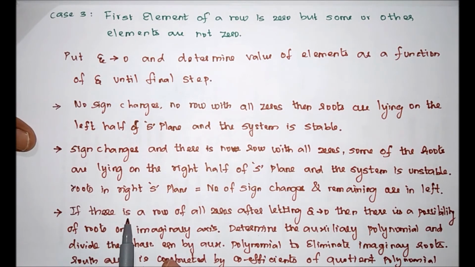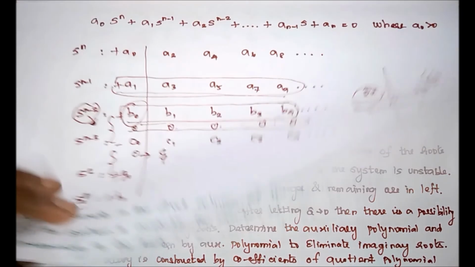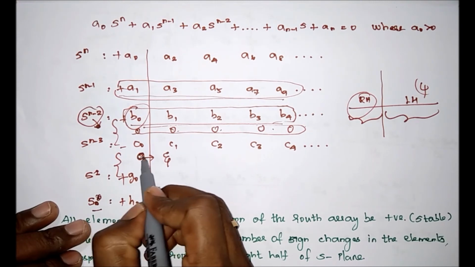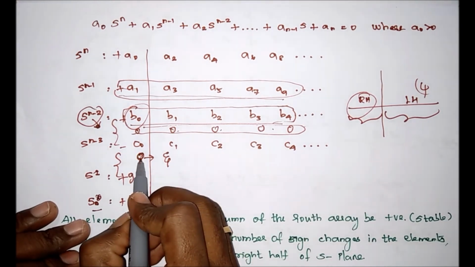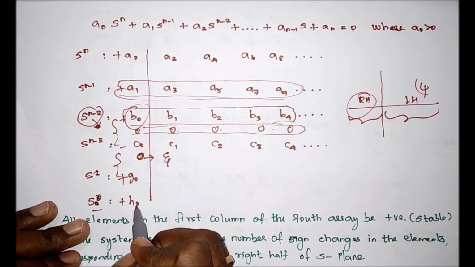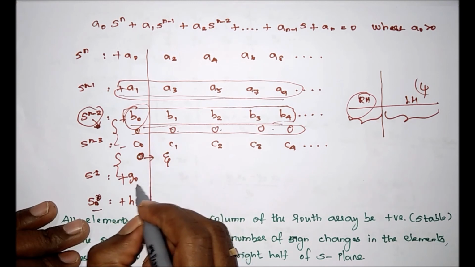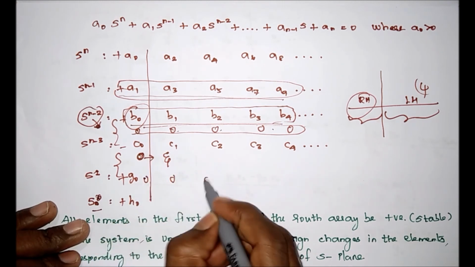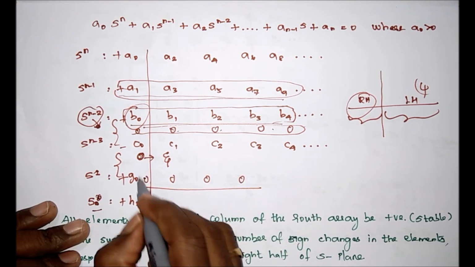Then suppose there is a row where only one element is 0; we put epsilon.